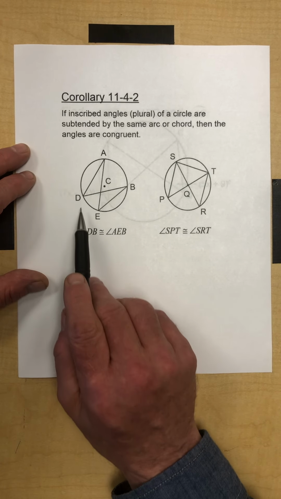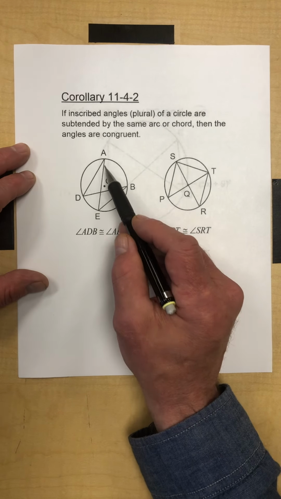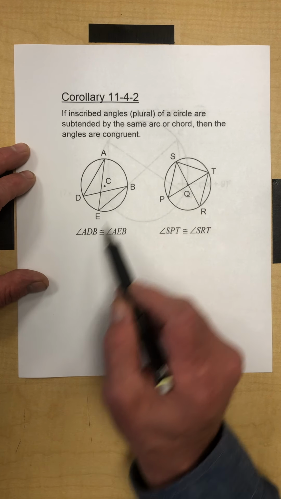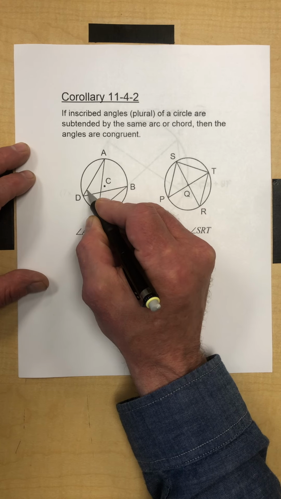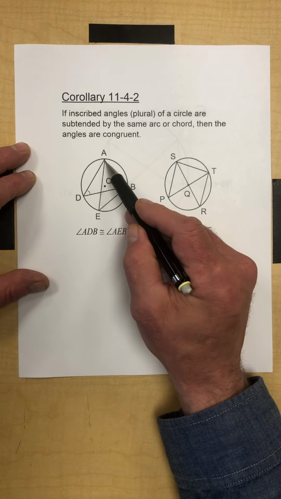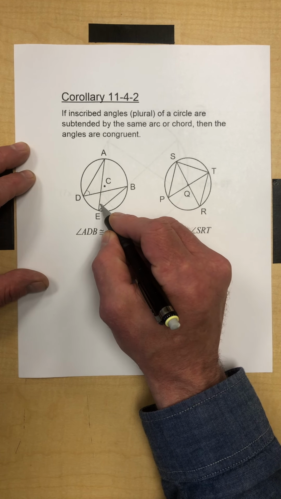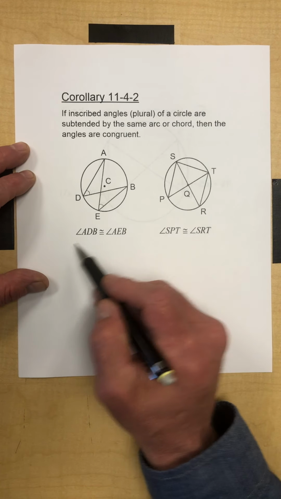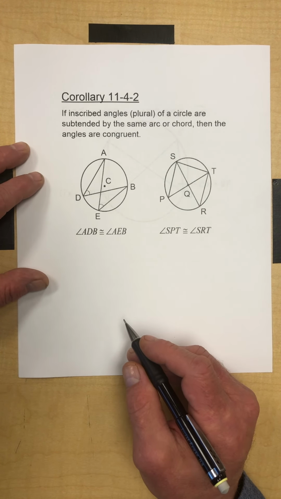For instance, if we look at this diagram here on the left, notice I have angle ADB right here, that angle is right in here. And I also have angle AEB, that angle's right in here. If we take a look at each of these angles individually, you'll notice that they are subtended by the same arc.